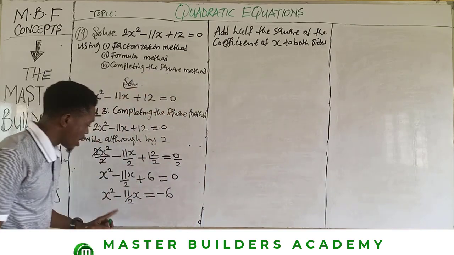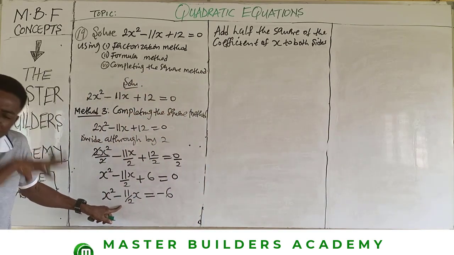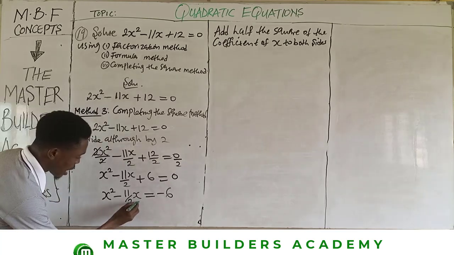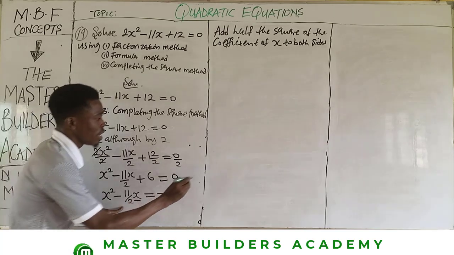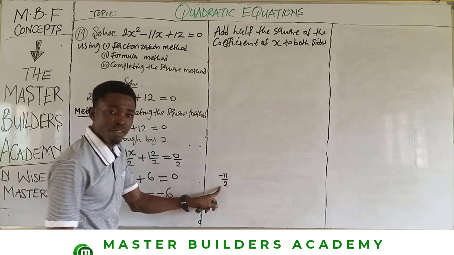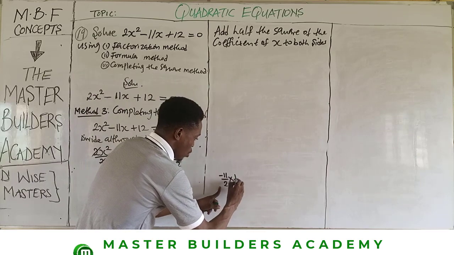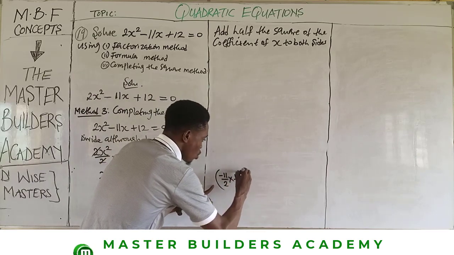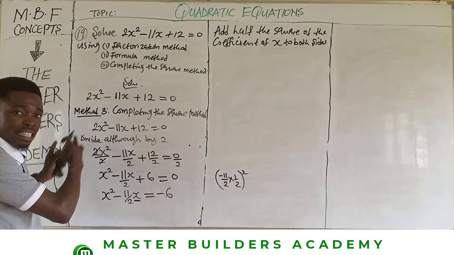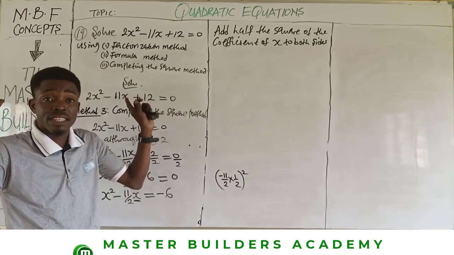By this statement, all you need to do now is to come to this equation and identify the coefficient of x, not s here, x. So now this is x, and the coefficient of x here is minus 11 over 2. Now, what will be the half of this? Just multiply it by 1 over 2. Now, what will be the square? Square everything. So we are going to be adding everything here to both the left-hand side and the right-hand side. It's as simple as this.